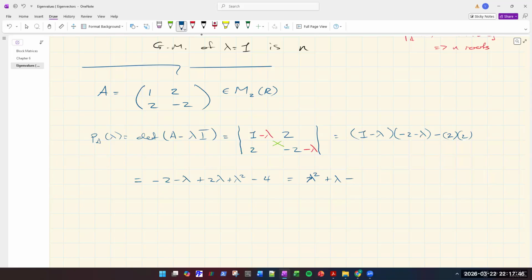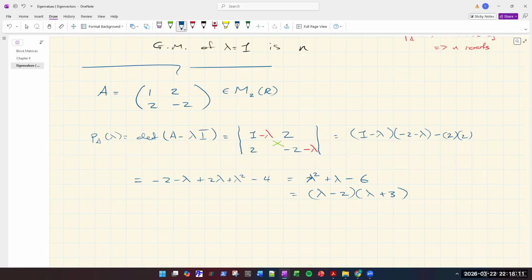Minus 4 minus 2 is minus 6, right? So I think it will be lambda minus 2 lambda plus 3. Lambda squared, 3 minus 2 is 1, 3 by minus 2 is minus 6.